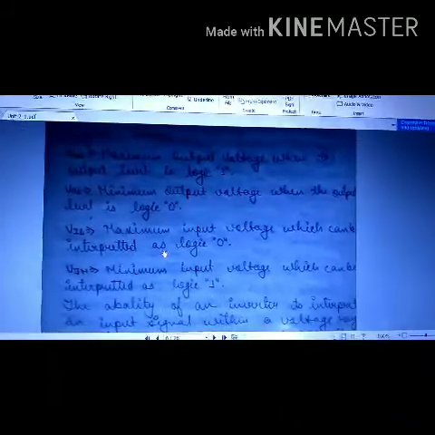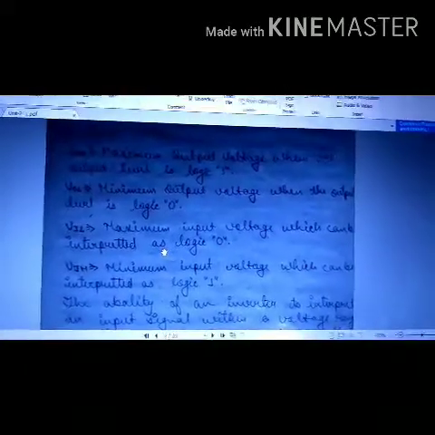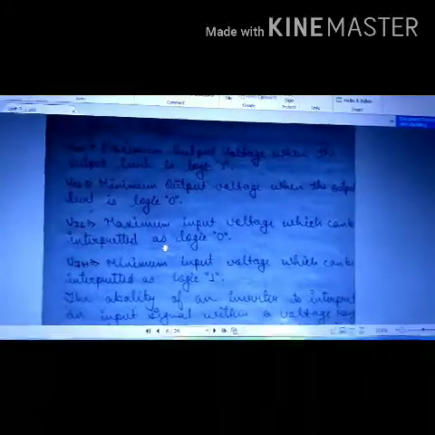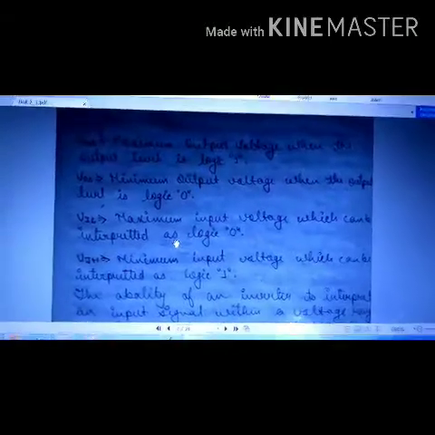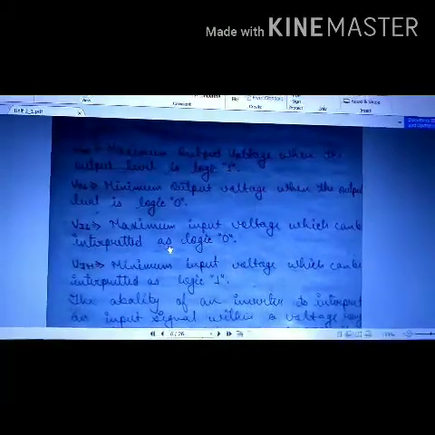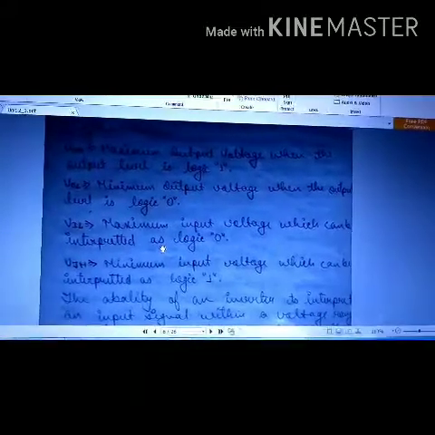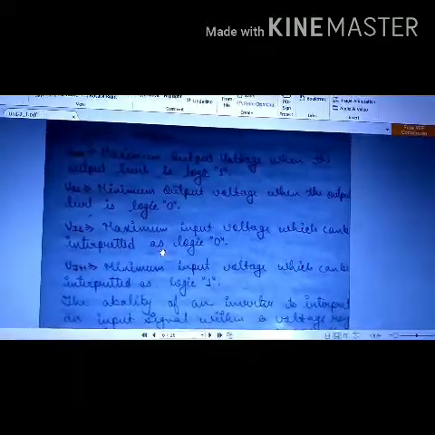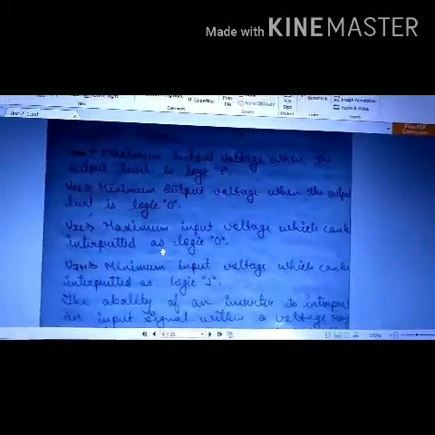First of all, it is the maximum voltage, and second, it is an input voltage. Most students get confused in this, so be very specific: VIL is the maximum input voltage that should be considered as logic 0.